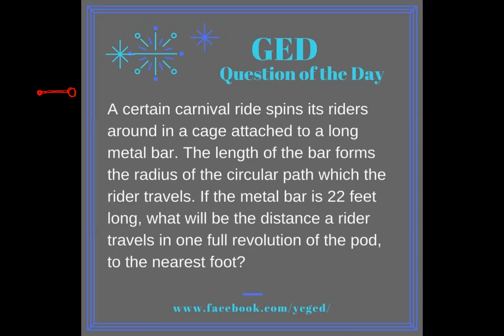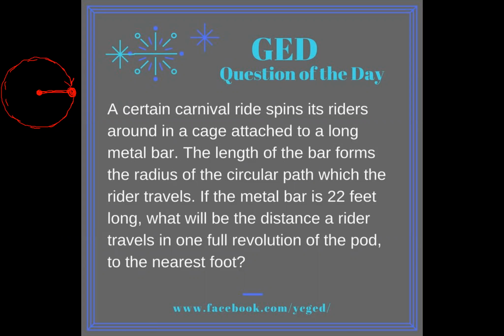And it says the length of the bar forms the radius of the circular path which the rider travels. So the rider is getting spun around in a circle here. You can see it spinning from this center here out. And since the rider's sitting here in the pod, he is traveling around in a circle.